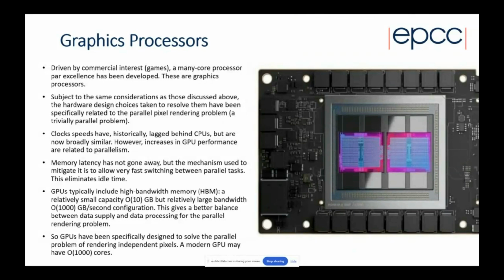If you're trying to process pixels on a screen, it's not very computationally intensive to work out what color should be in a pixel. But I need to do a lot of them very, very quickly because my response time has to be very, very short. The time it takes to render that particular scene, that particular image, especially in a game, where I don't necessarily know what the action is going to be beforehand, is important in order to give a good experience.